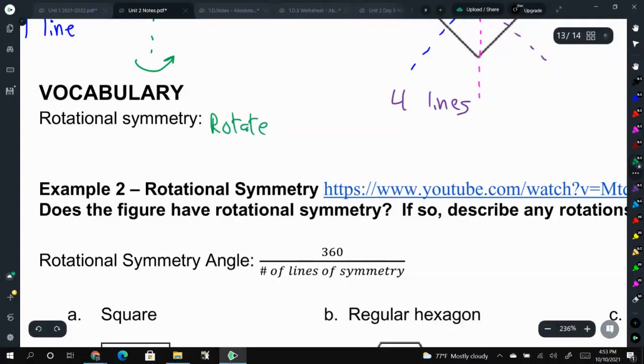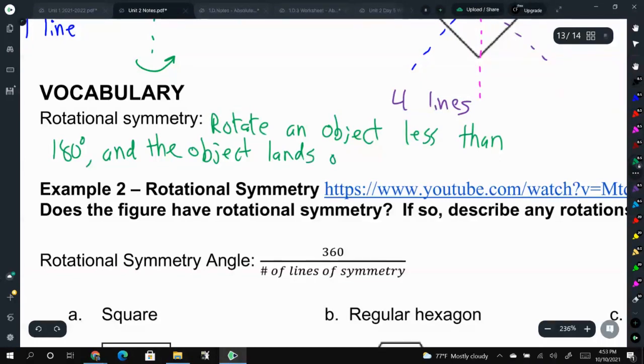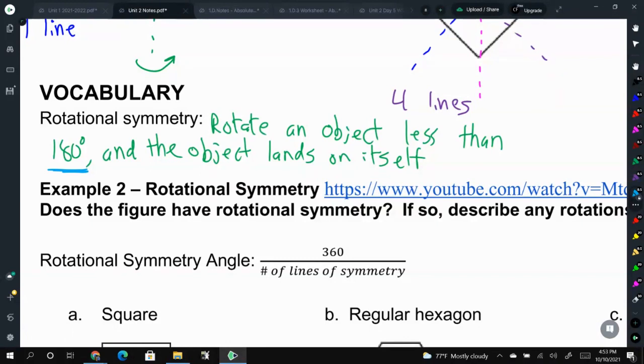So when you rotate an object or shape less than 180 degrees, and the object lands on itself. Now that 180 degree thing, there are going to be some angles of rotation slightly larger than that, but that means there's more than one angle of rotation.